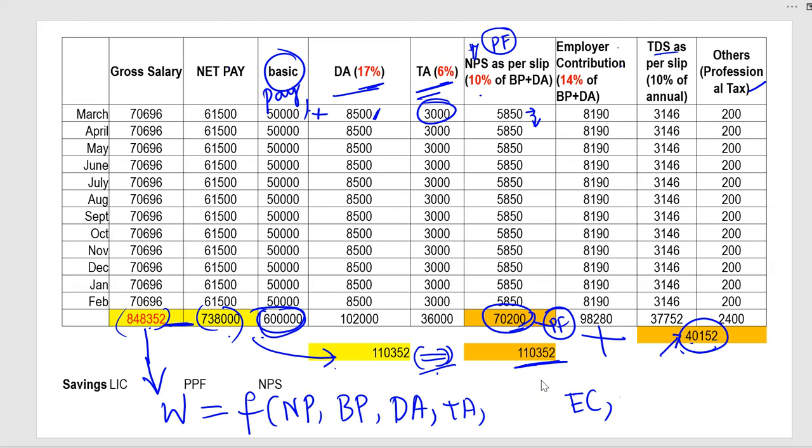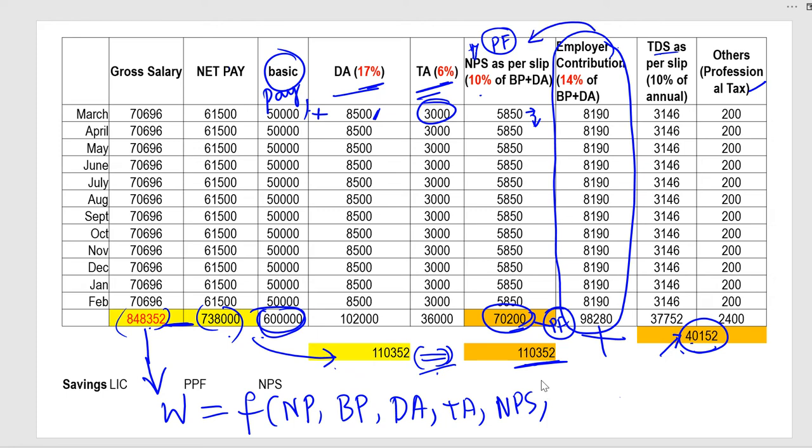In fact, this NPS you can see on your pay slip. But this amount won't be shown in the pay slip because it is directly transferred to your PF. So this much amount will be saved monthly for your retirement plan. And this is TDS, and this is PT, professional tax.